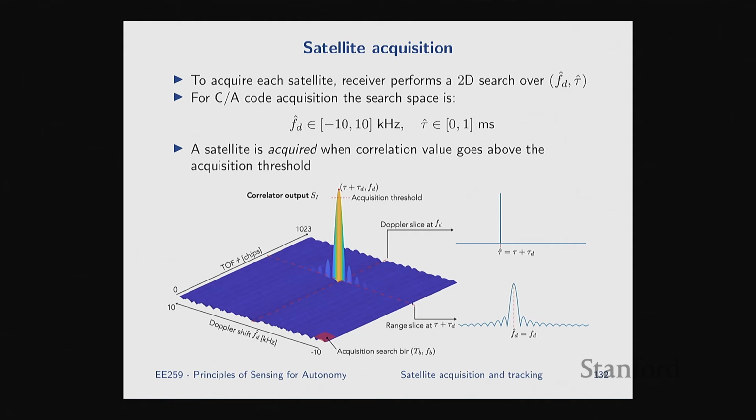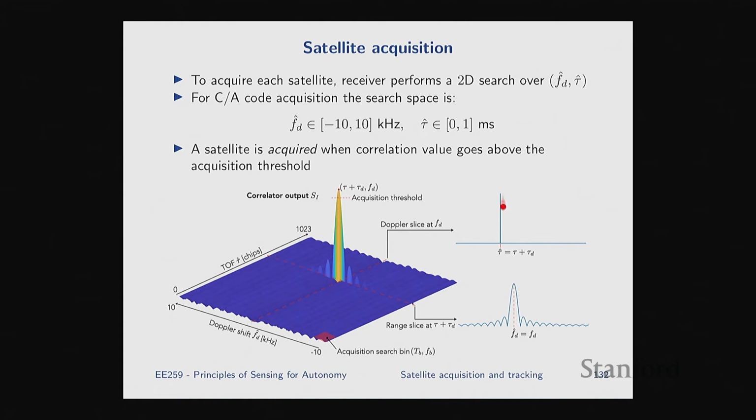Usually, the way these codes behave mathematically is that in tau, you're extremely sensitive. Here I'm showing a slice of this 2D function for the correct Doppler. Here we have already found the correct FD, and we are just varying tau, right?